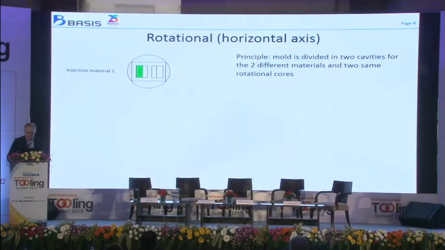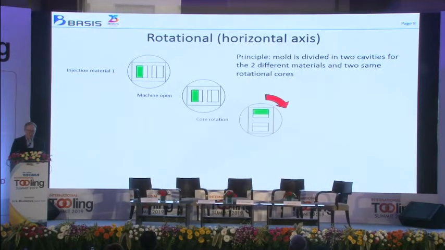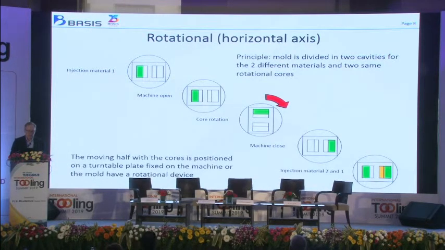Now we move to rotational horizontal axis. The principle: the mold is divided into cavities for the two different materials and has two same cores which will rotate. Make the injection of the first material, we open the machine, we rotate the core, close the machine, make the injection of the second material.